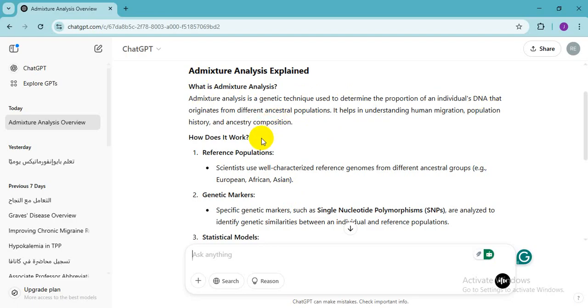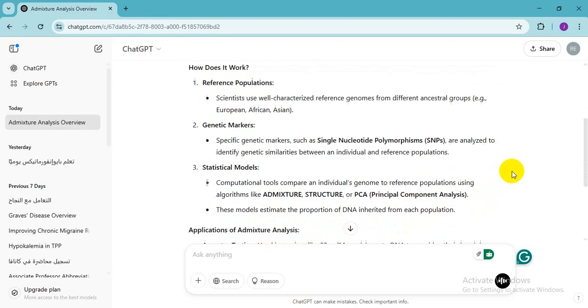How does it work? Number 1, reference populations. Scientists use well-characterized reference genomes from different ancestral groups, e.g. European, African, and Asian. Number 2, genetic markers. Specific genetic markers such as SNPs are analyzed to identify genetic similarity between the individual and these reference populations.